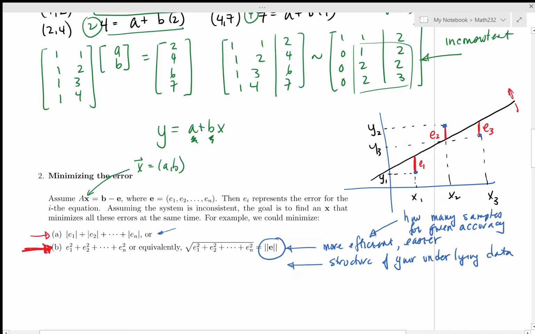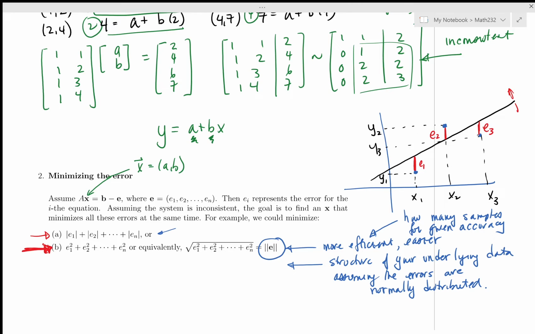And with this method here, we are assuming the errors are normally distributed. That may not be the case, and then you have to think more clearly about this. So there's a variety of things here.